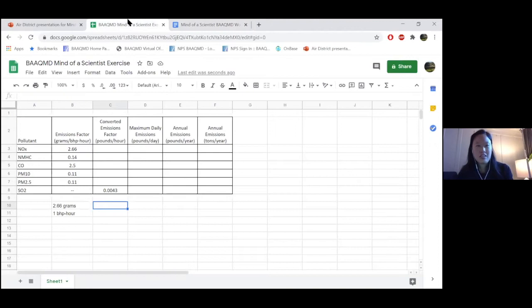So I'm going to take 464 BHP. That's for the 1 engine. And then that cancels out BHP, which is dimensional analysis. So I'm going to strike through it.